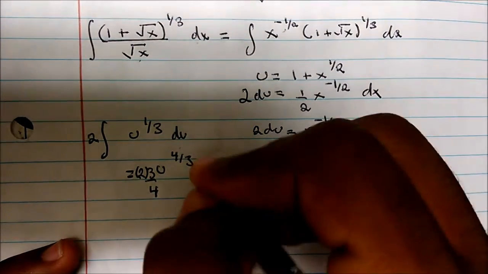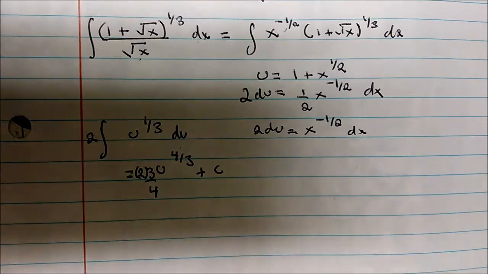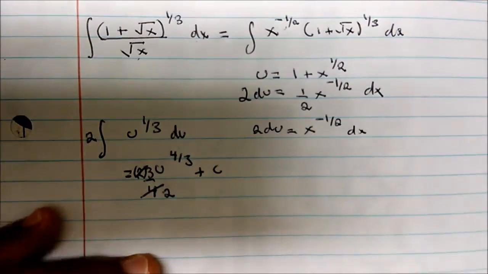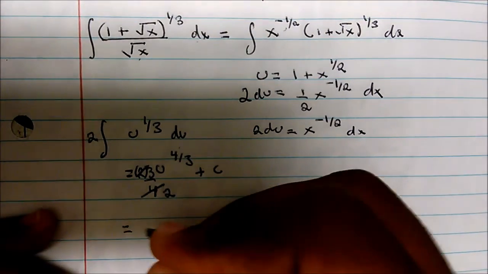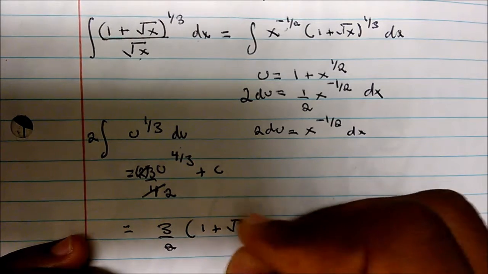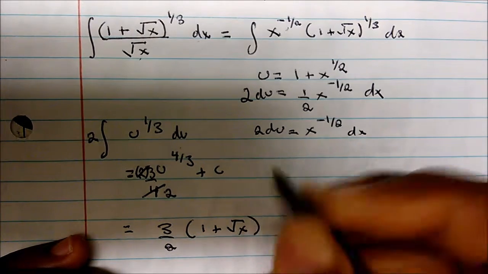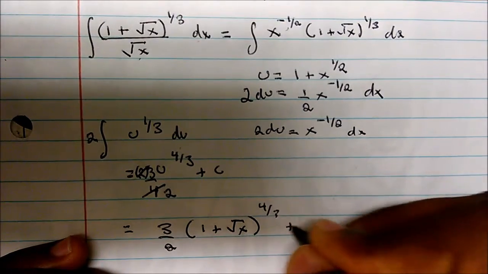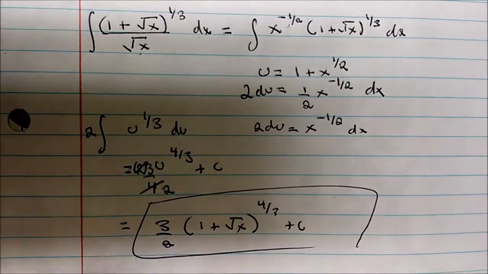And don't forget we're dealing with the indefinite integral, so that will be plus c. Now I could cancel out. I have a 2 here, I have a 4 here, so this becomes 2. So rewriting the whole integral, we get 3/2 times 1 plus the square root of x, which is our initial u, plugging back in for u, to the 4/3 plus c. And that will be our area under the curve.